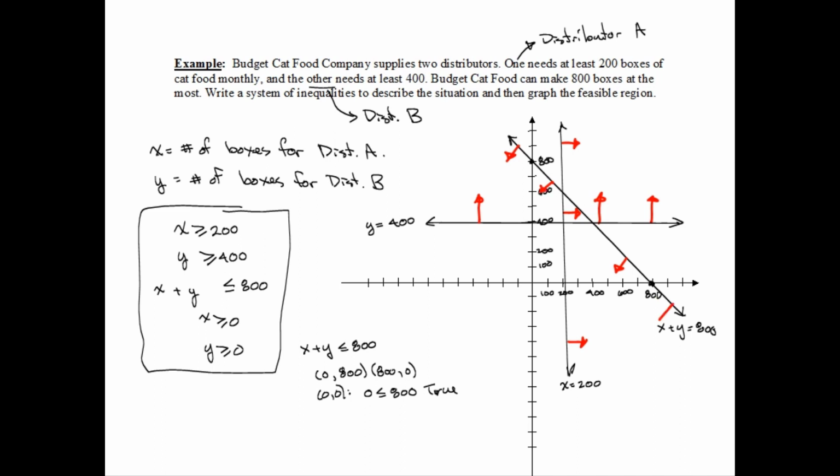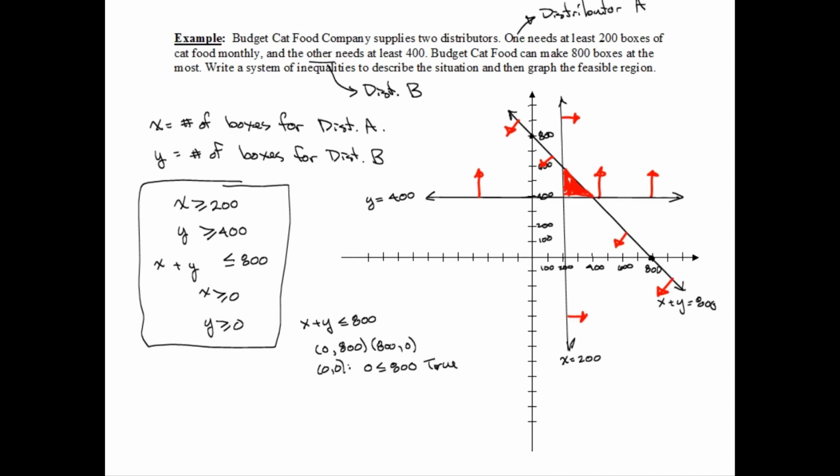And so now if I look at what area satisfies all of them, it looks to me like this middle little triangle will satisfy all of them. Okay, there's my feasible region. Now if we were to find the corner points, those are easy too.